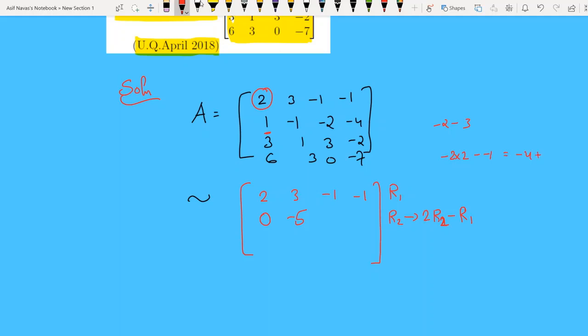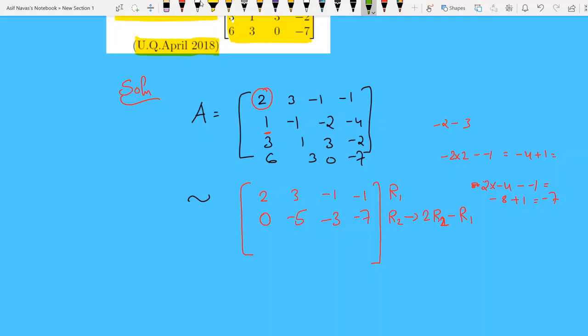Minus 4 plus 3, minus 3? Minus 3. Next, 2 into minus 4, that is minus 8, plus 1, minus 7, right? Minus 7. Have you got the answer minus 7?